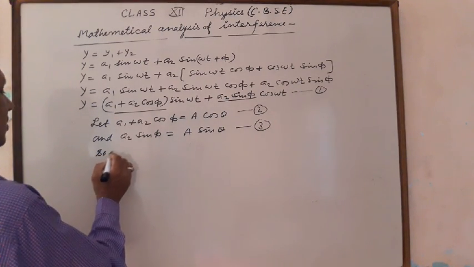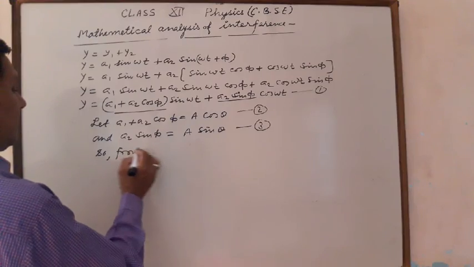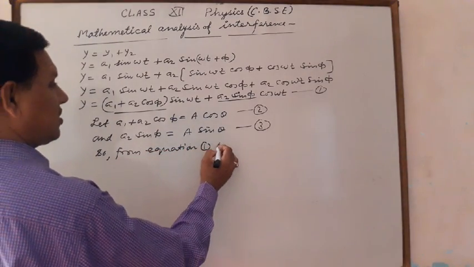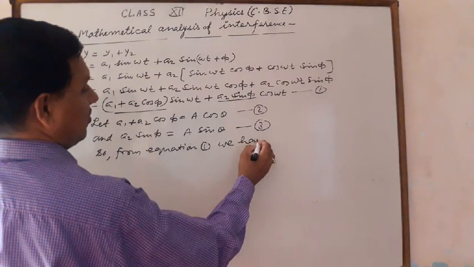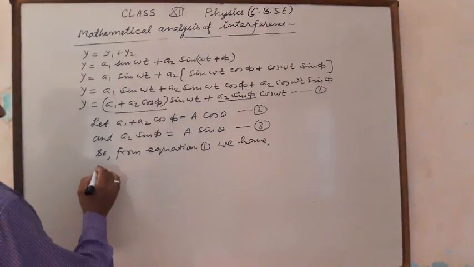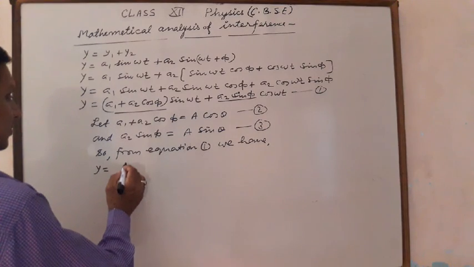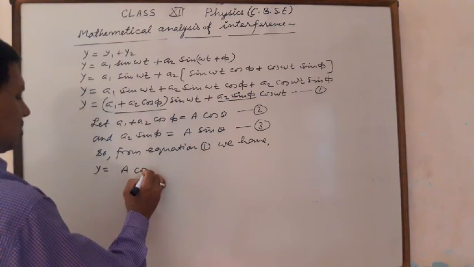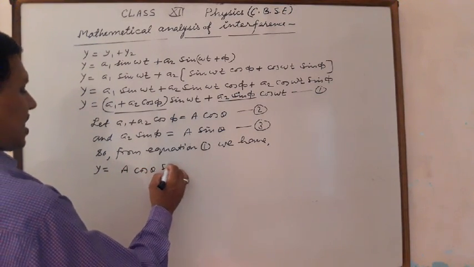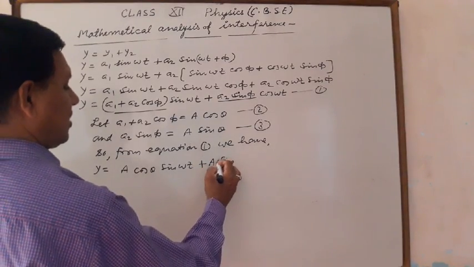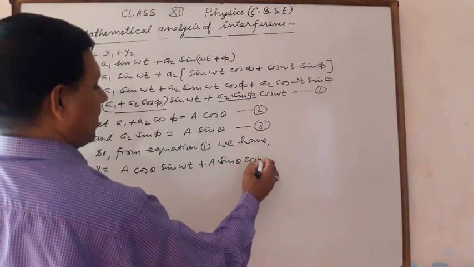From equation first we have y is equal to A cos theta sin omega t plus A sin theta cos omega t.